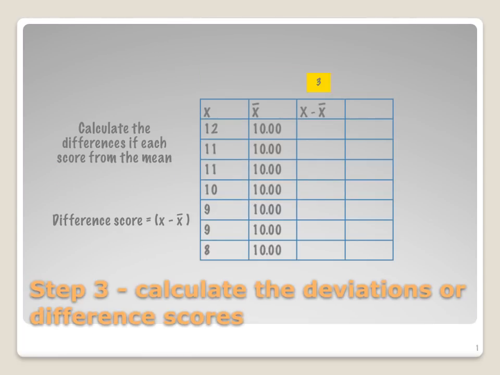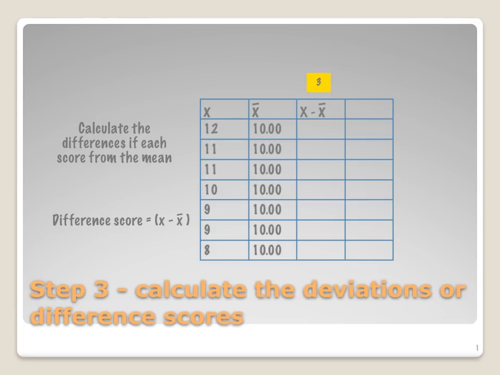Now that you've calculated the mean in step 2 and filled in that second column labeled X bar, which is our symbolic notation for the mean of a distribution of scores, step 3 is to determine mathematically how far each score is from the mean. So to do that, we calculate the difference between each score and the mean by subtracting the mean from the value of each score.